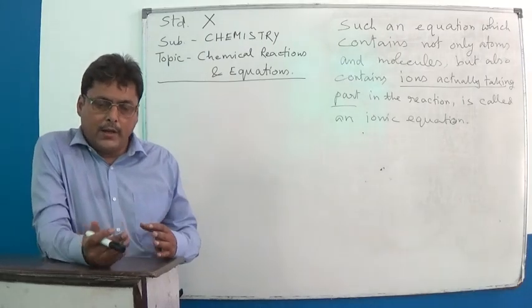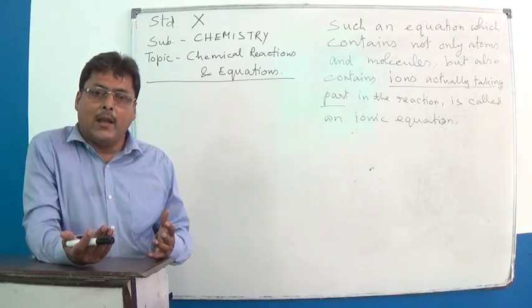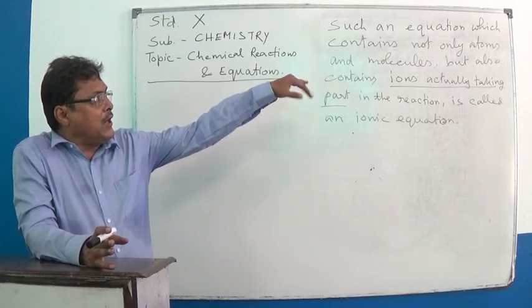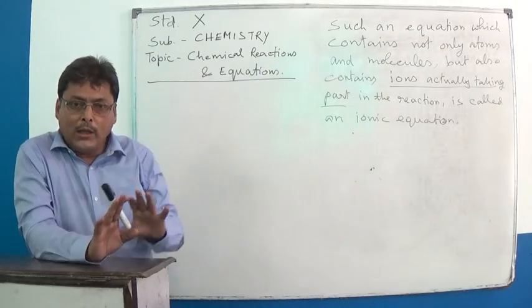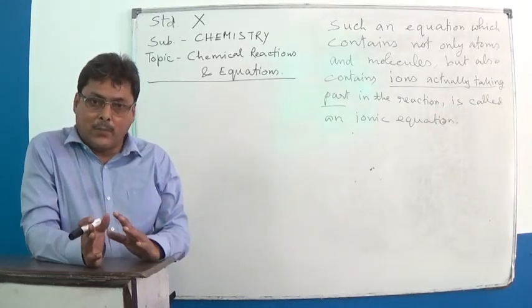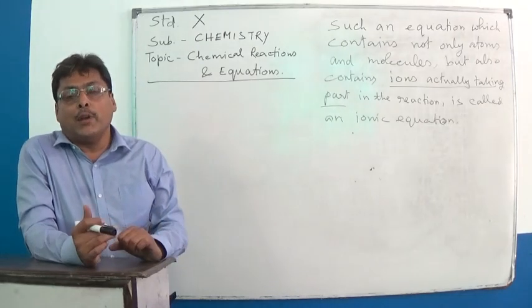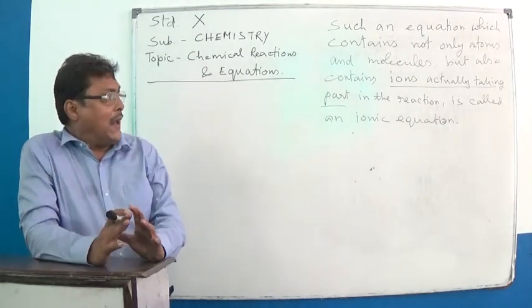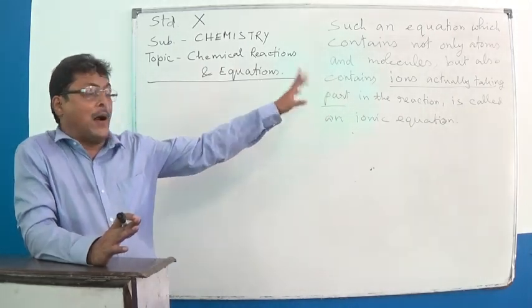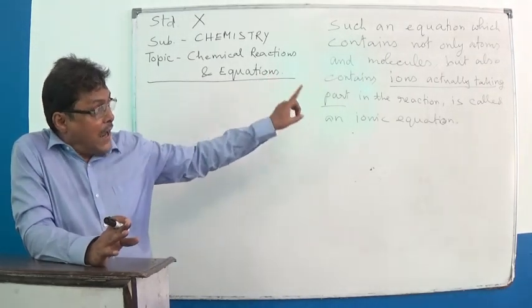Right. You will not need it at class 10 level, but you can know that there is another way of writing a balanced equation. This is such an equation in which not only the mass of the reactants and products are balanced, but also the net charge of the reactants and the net charge of the products are balanced, mentioning only the ions taking part in the actual reaction.